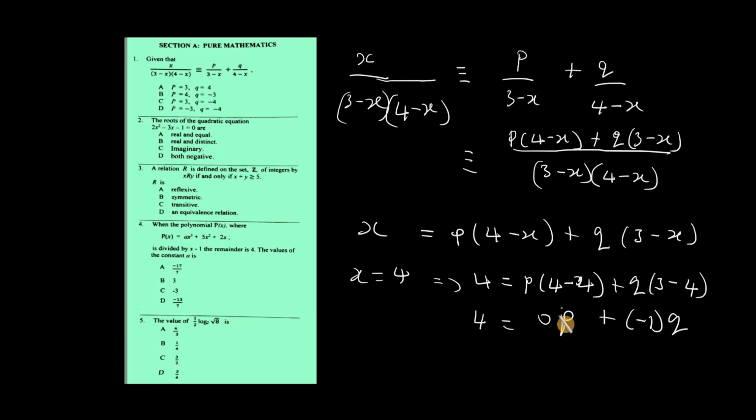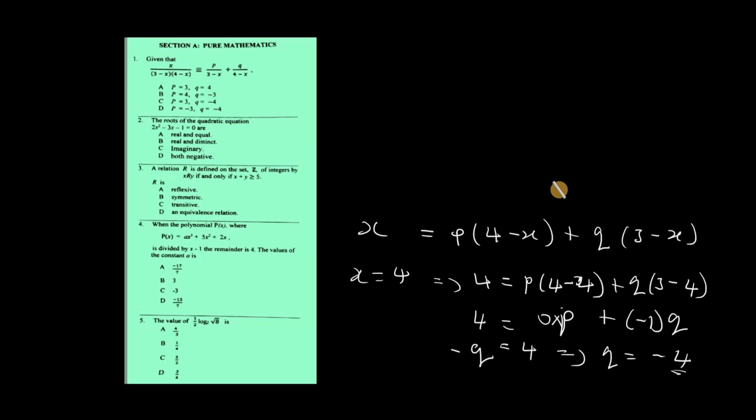It means minus q is equal to 4. So q is equal to negative 4 if I divide both sides by minus 1. So the value of q is minus 4.